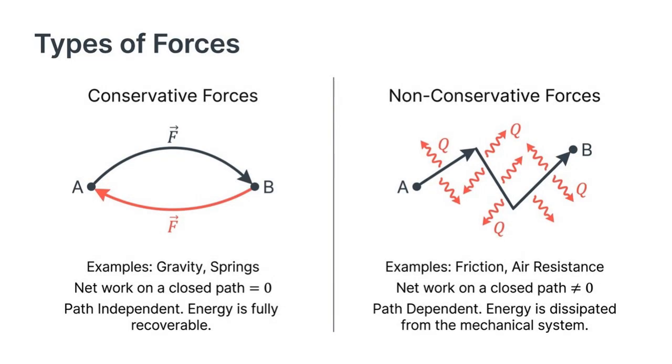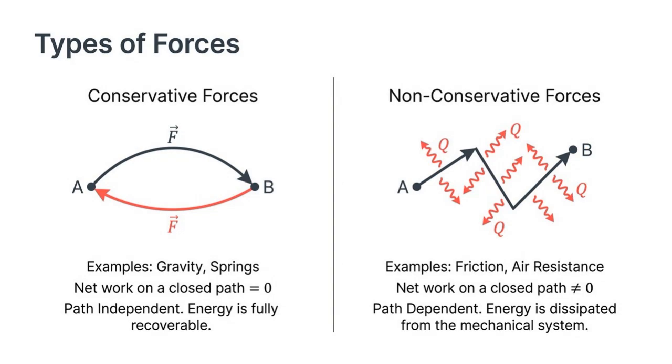Now let's look at the different types of forces that can act on an object. Conservative forces, like gravity and springs, have the property that the net work done on an object moving around a closed path is 0, meaning the energy put into moving the object can be fully recovered. This happens because the work done depends only on the starting and ending points, not the path taken.